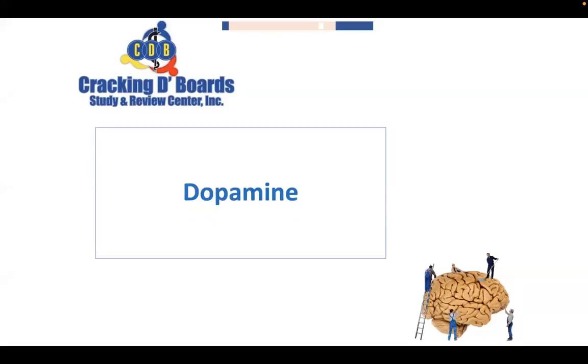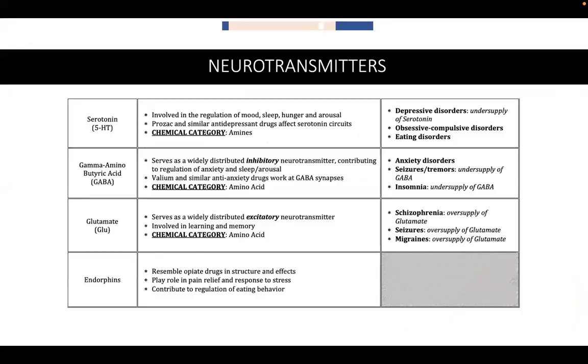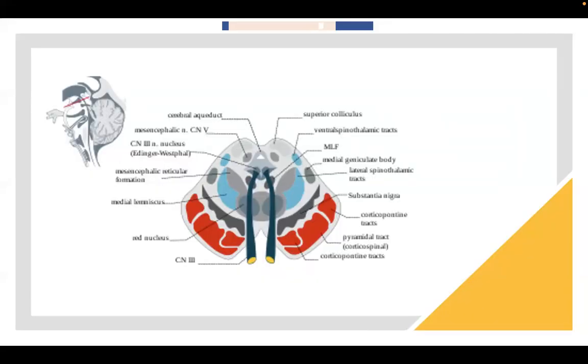And in what part of the brain is dopamine produced abundantly? It's produced in the substantia nigra, particularly the substantia nigra pars compacta.